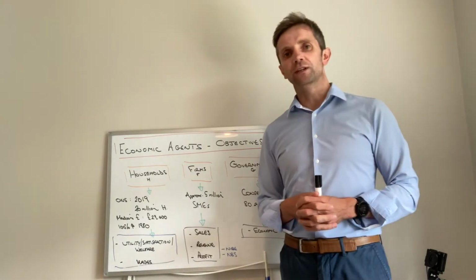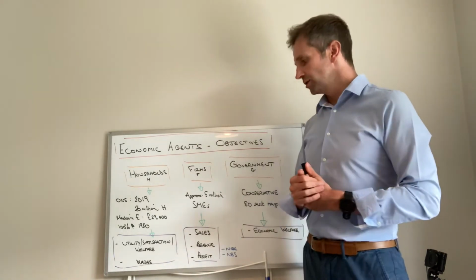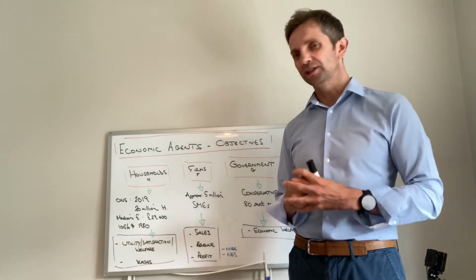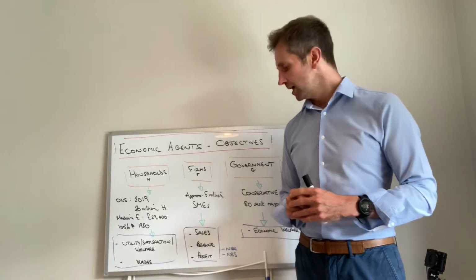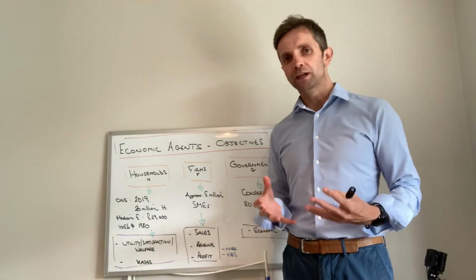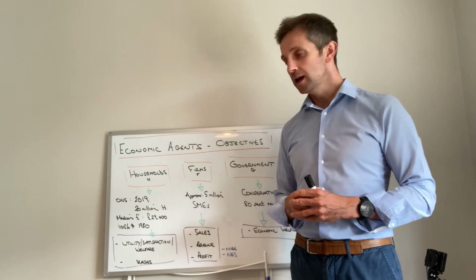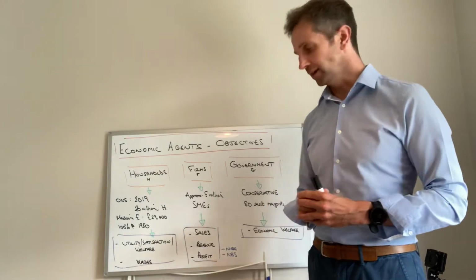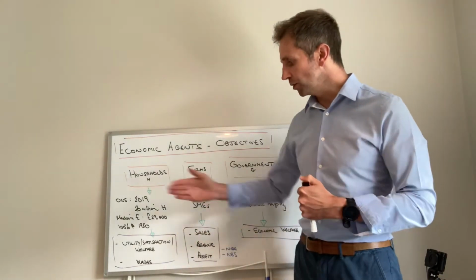Now let's get to the objectives of each of these economic agents. I'm going to talk about the ones which are specific to your specification, your syllabus, but then talk a little bit more widely in terms of some of the work that we do, particularly here with the local university, Northumbria, and NIBE, the North East Initiative on Business Ethics. So, firstly, the households.